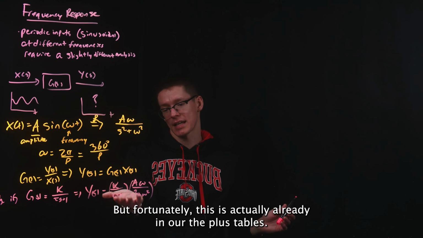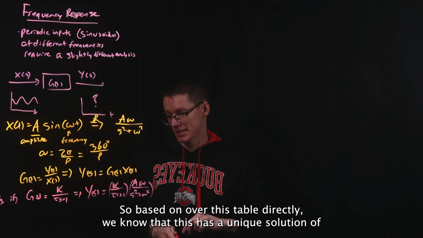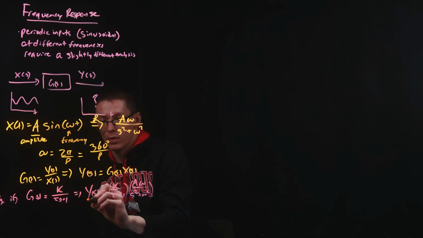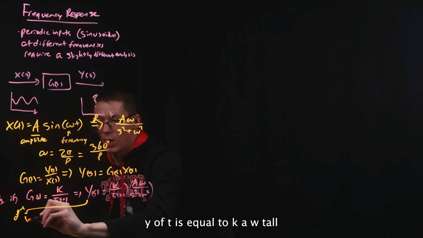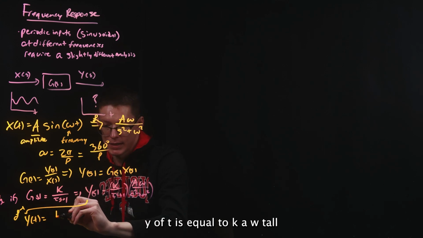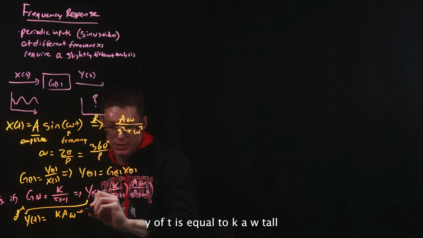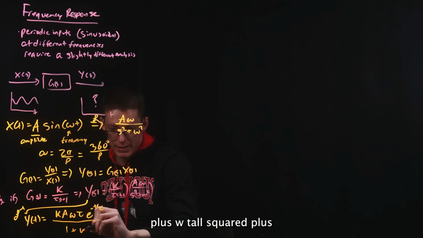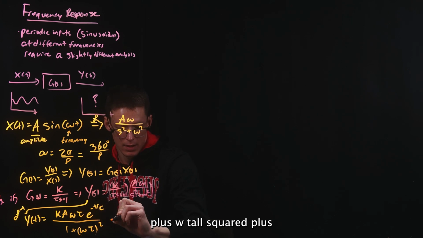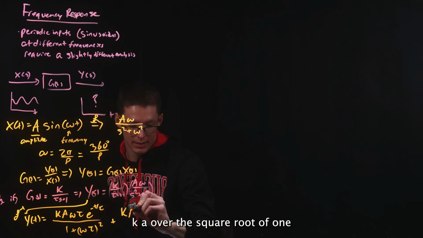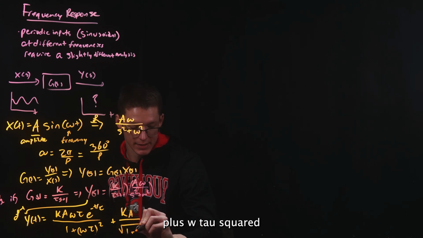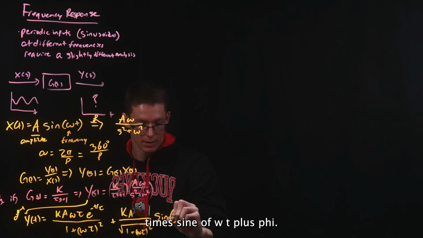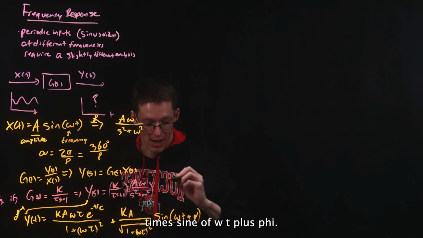But fortunately, this is already in our Laplace tables. Based on our Laplace table directly, we know this has a unique solution. If I do the inverse Laplace here, y of t is equal to k A w tau e to the minus t over tau, over 1 plus w tau squared, plus k A over the square root of 1 plus w tau squared, times sine of wt plus phi.